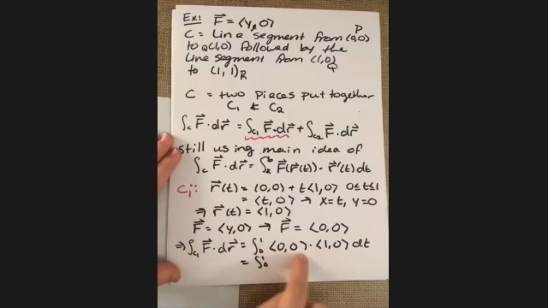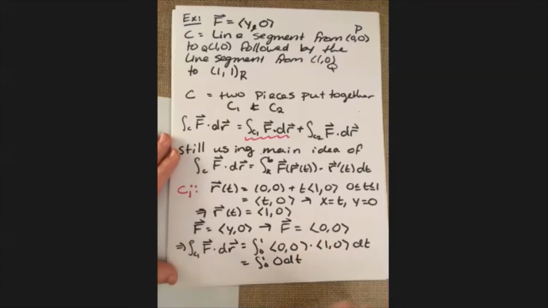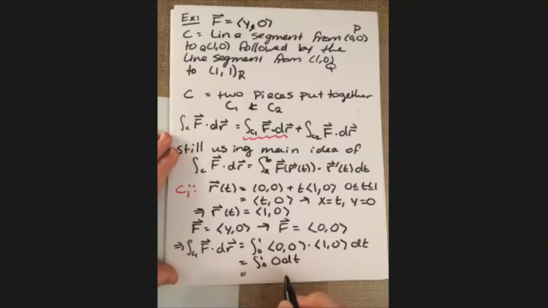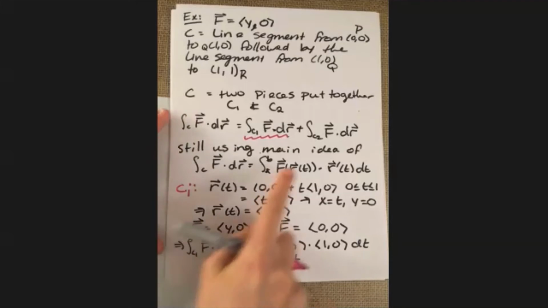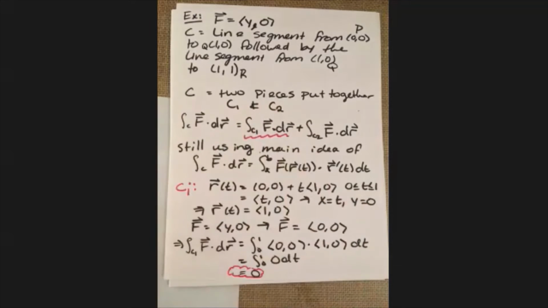First, we take the dot product, and I'm just going to get 0 out of that because the zero vector dotted with anything gives you 0. And then the integral of 0 is just 0. So that's all there is to finding C1. Okay, so that's my answer for this piece.